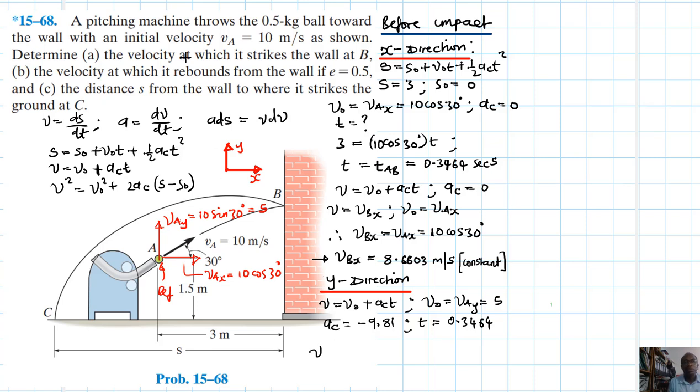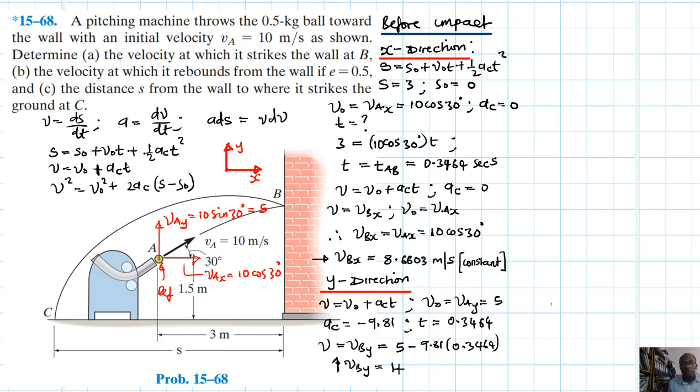And therefore our V is just equal to V_BY, and this is equal to 5 minus 9.81 by the time 0.3464, and this is going up. That's 5 minus 9.81 by 0.3464.